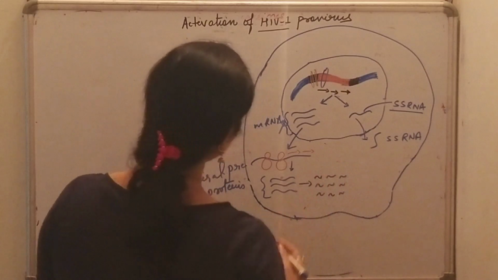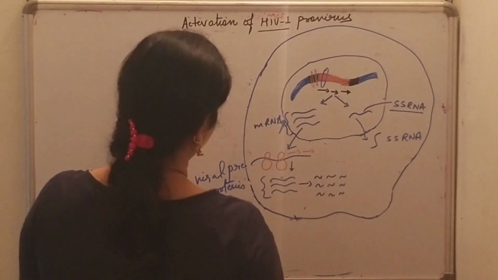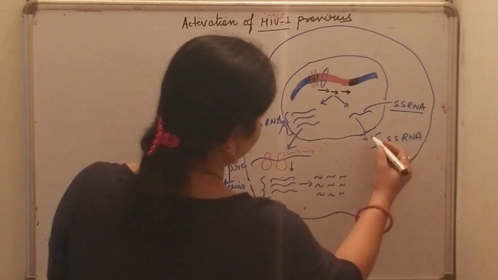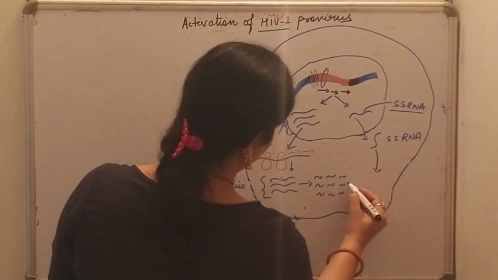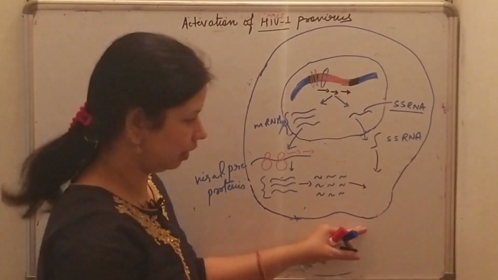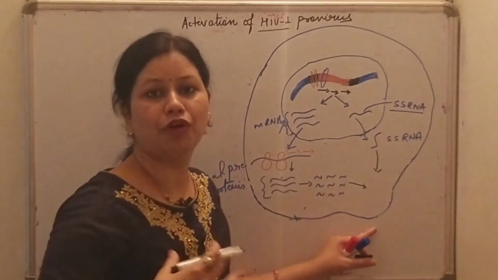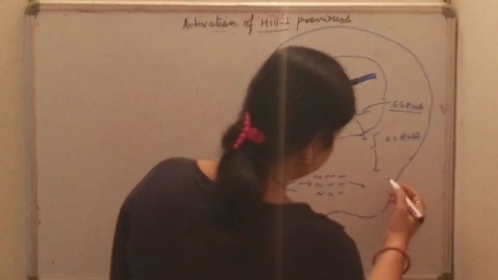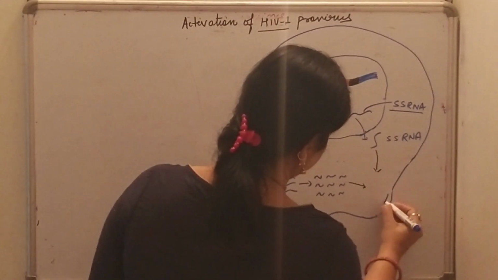After that, the HIV single stranded RNA and proteins assemble beneath the host cell membrane, into which the GP41 and GP120 glycoproteins are inserted. So how is this going to happen? Like this.